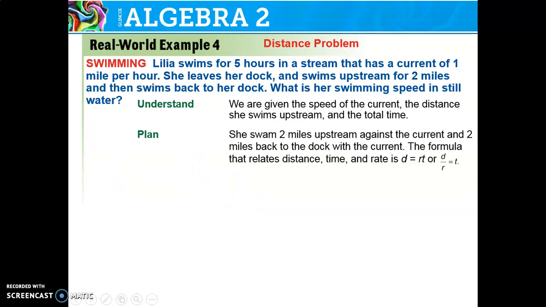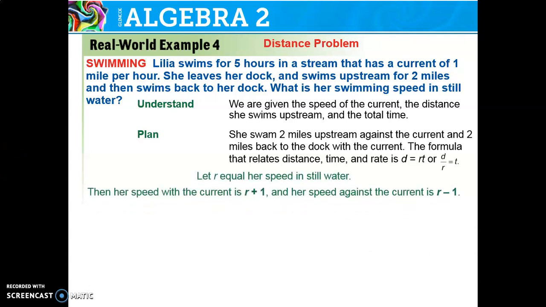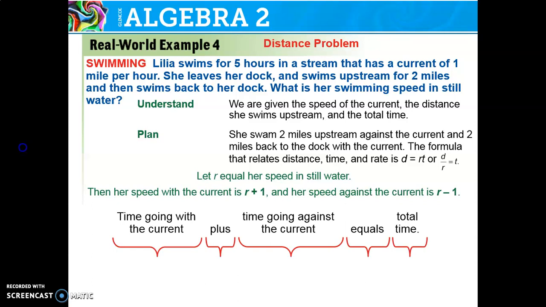The formula that relates distance, time, and rate is d equals rt, or d over r equals t. Let r equal her speed in still water, then her speed with a current is r plus 1, and her speed against the current is r minus 1. So the time going with the current would be 2 divided by r plus 1, plus the time going against the current, 2 divided by r minus 1, equals the total time.